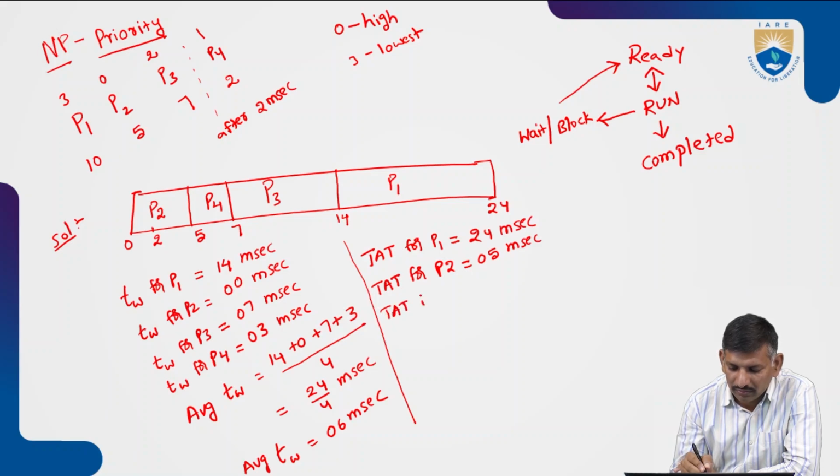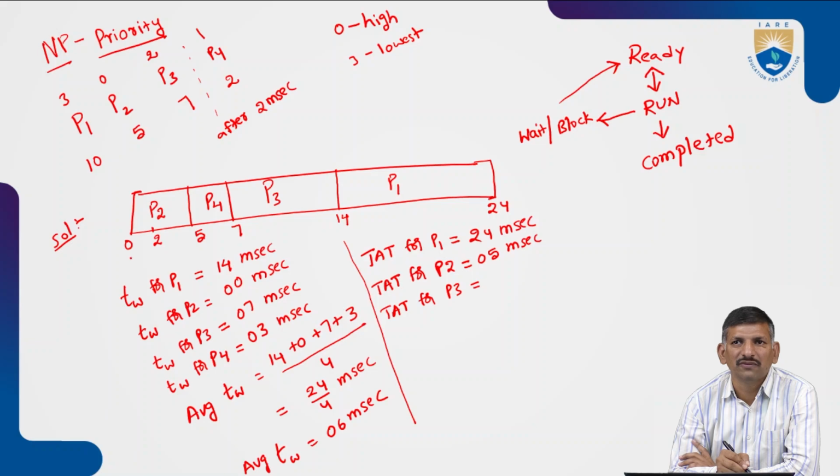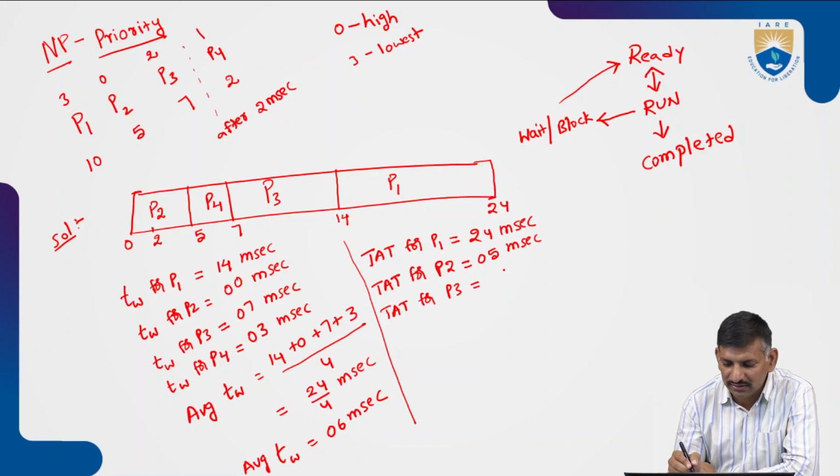Turnaround time for process P3: P3 entered into the ready state at the time of 0 and its execution is completed at the 14th millisecond. So the total turnaround time for this process is 14 milliseconds.